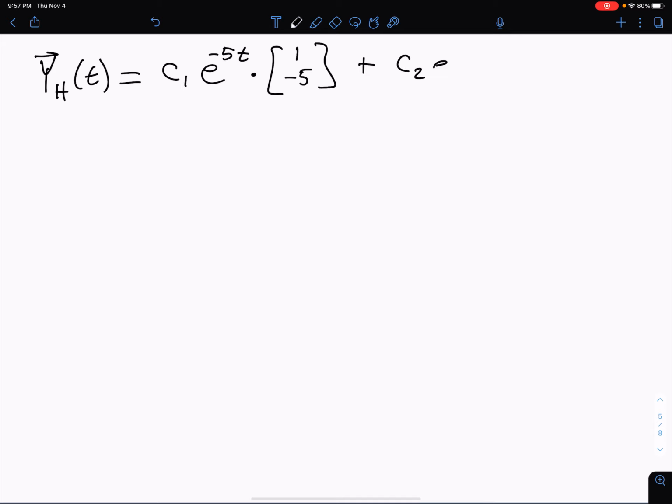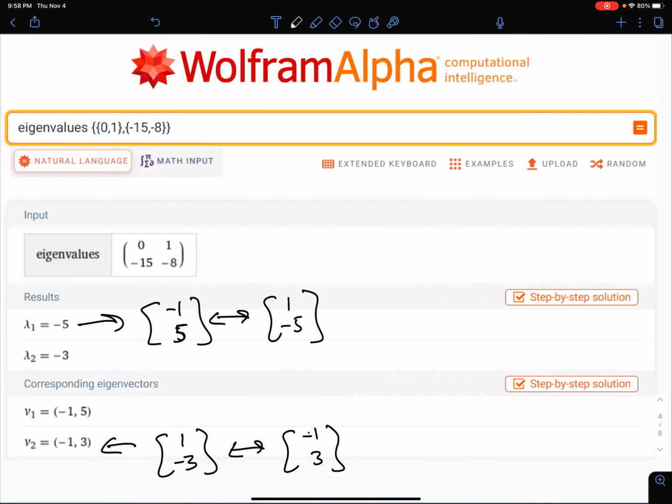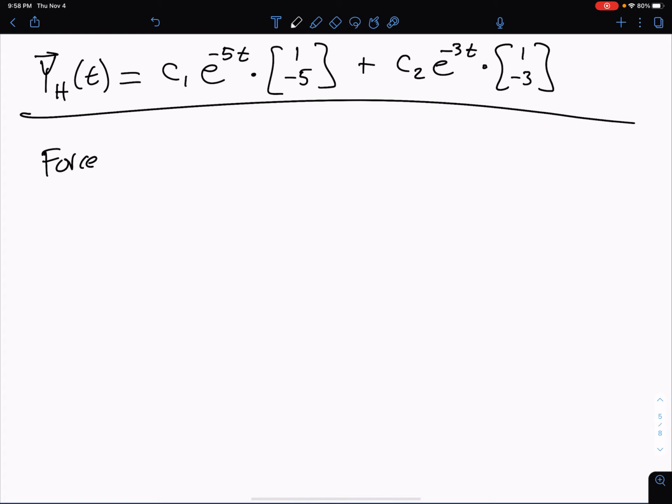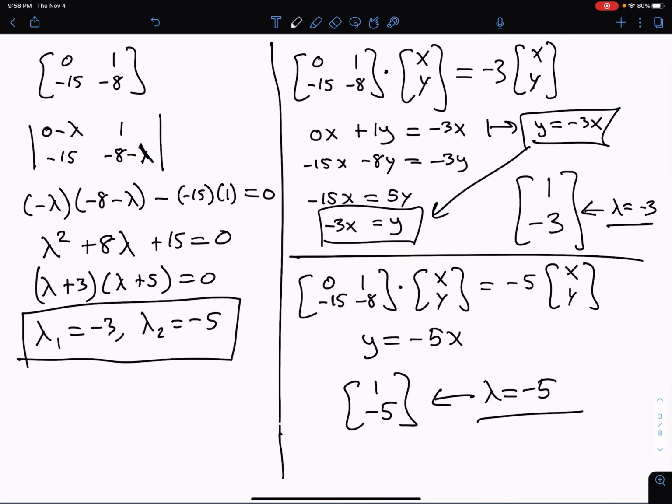Plus C2 e to the -3t times the eigenvector that corresponds, and I think that was 1, -3, if I remember correctly. Yes, 1, -3. Okay, so that's the homogeneous solution right there. The problem is this is a forced problem, so we need a particular solution as well. Okay, so what's the particular solution going to be?